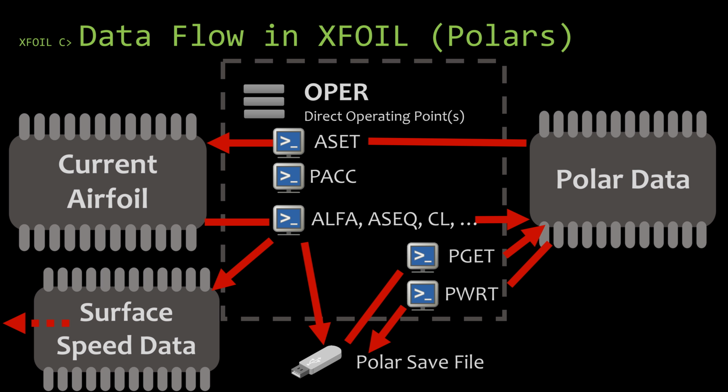You can load it back in from a file on your computer. So those are some of the options you have with the results of an analysis. It's not just there in Xfoil in the local memory to be wiped when you close Xfoil. You can have it saved off into a file. And of course, when you're doing the analysis, it also saves some of this into the surface speed memory, which is going to be used on the next slide.